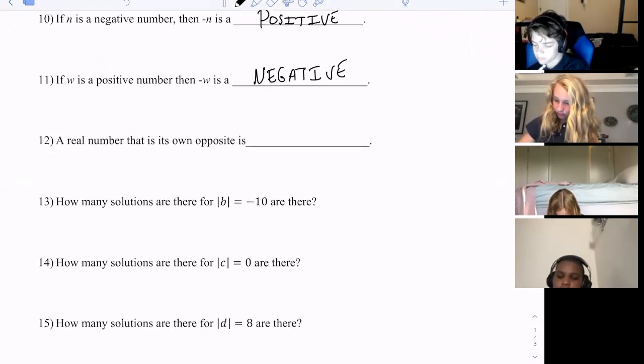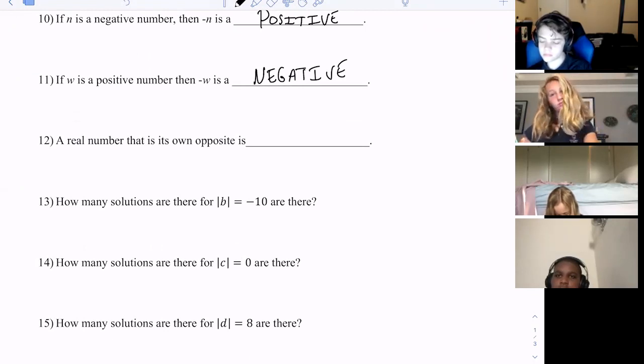Number 12. A real number that is its own opposite is what number? What number is unique? It's the same as its opposite. Yeah. What is it? I'm not sure. Yeah, look at the answers.